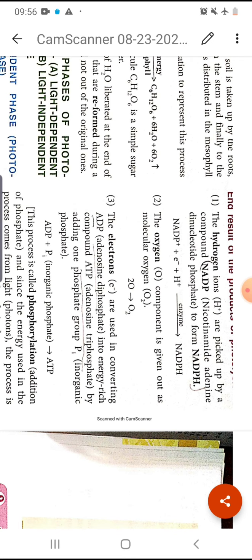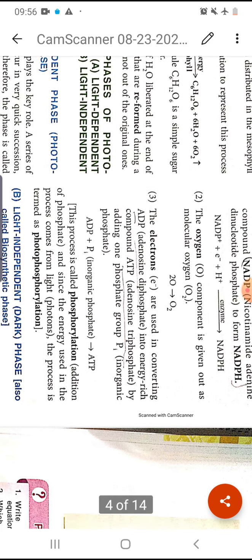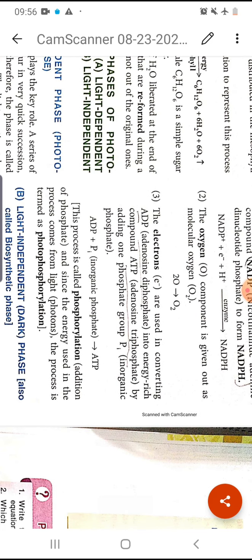It will form NADPH. So you can see the reaction, NADP plus one more hydrogen ion will form NADPH with the help of some enzymes. Now the oxygen. Okay, this component is given out as molecular oxygen. So 2O will convert into O2.